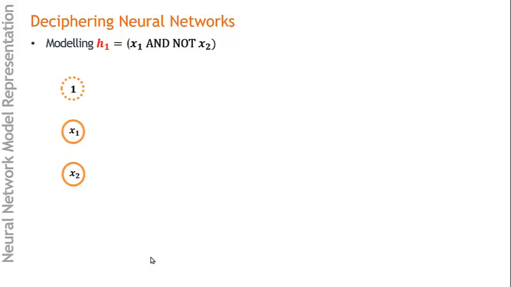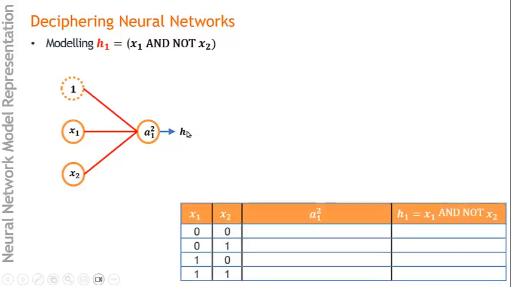All right, so how do I get a neuron that gives me x1 and not x2? So we have inputs of x1 and x2. This is a standard neuron. It has the constant input as well, which I call the bias. And here's the first output. And then you're going to take a nonlinear function of that. Right. So what do we want our output to be?